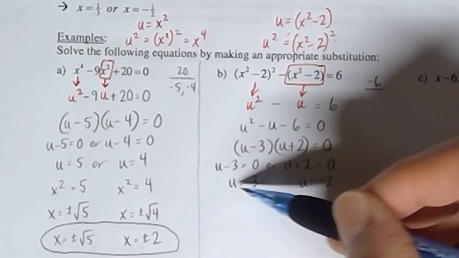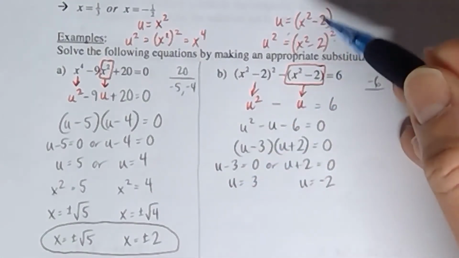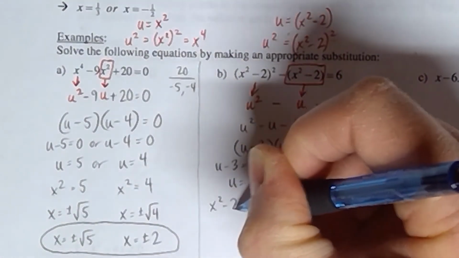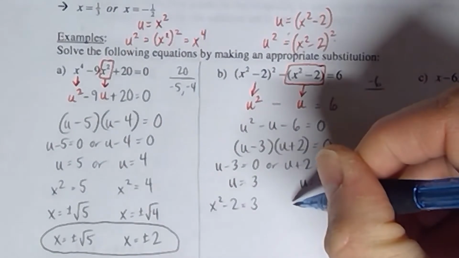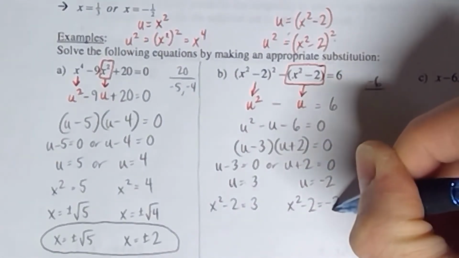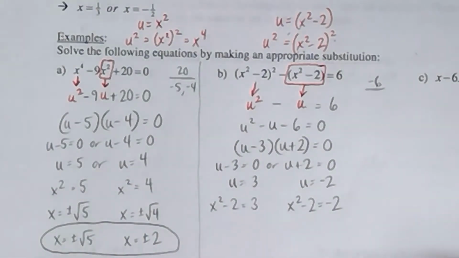Now the u is by itself. I'm going to replace the u back with the bracket again, like this. And if the bracket is the only thing on that side of the equal sign, you don't need the bracket. It's not being multiplied by anything or added to anything. Okay? And so that's why you see that right there.